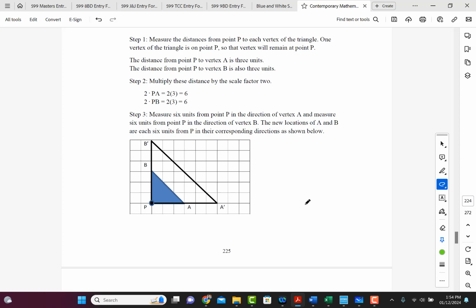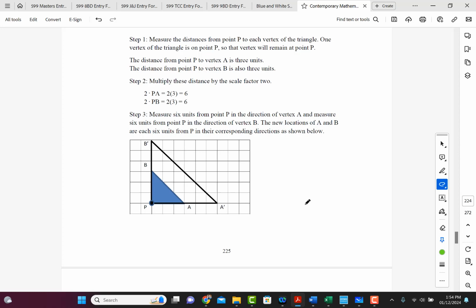Then step 2 is we're going to multiply each one of those distances by the factor 2. So K in this case is equal to 2. And so when we do that, we get 6 units for each of them. So now we draw out those new distances to B prime and A prime.